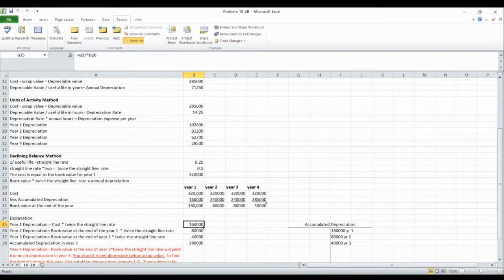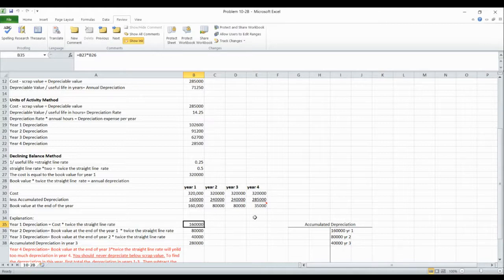That's the amount of my depreciation expense in year one. You might also notice that I have given you a T account for accumulated depreciation. In year one, the accumulated depreciation would equal the amount of the depreciation expense, which is 160,000.